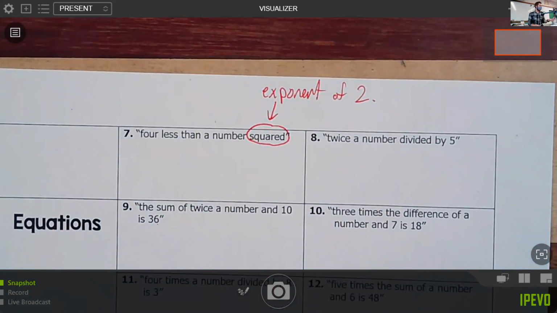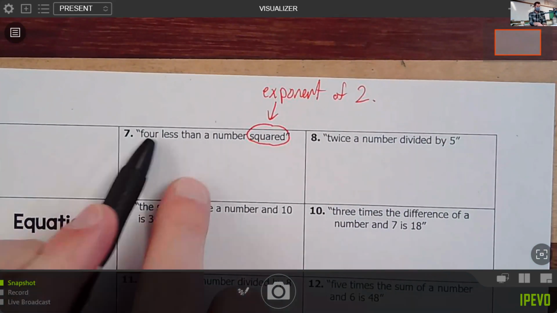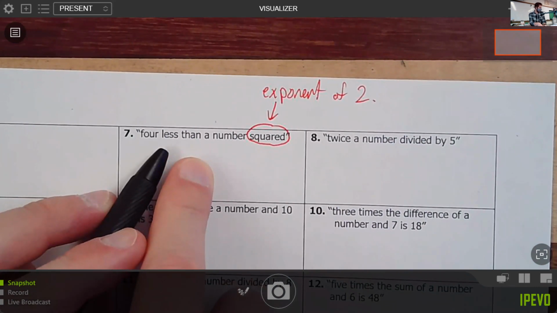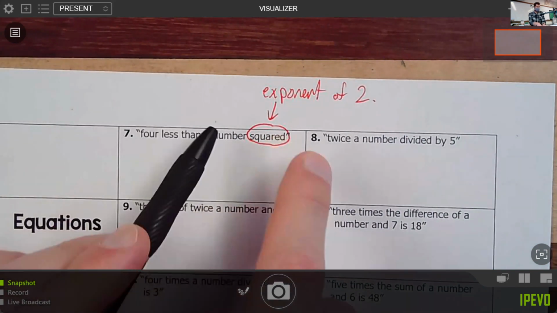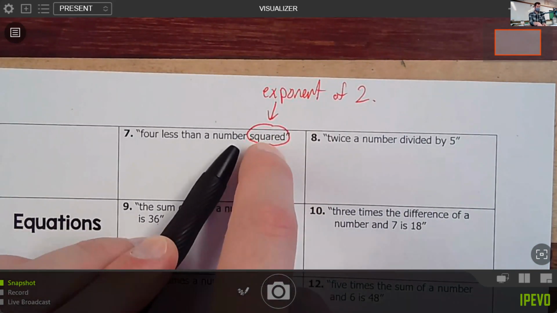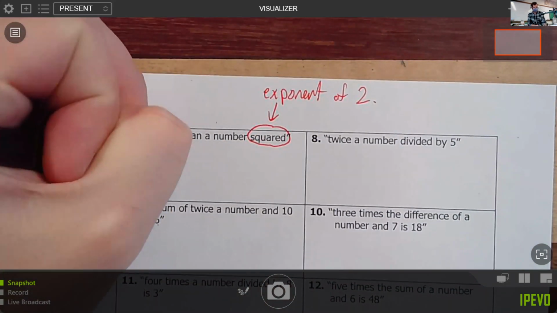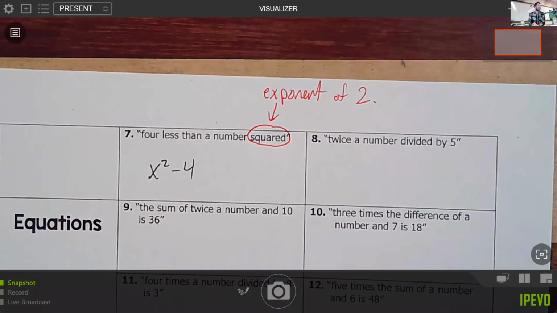So squared means an exponent of 2. That wasn't in our word bank, so I just want to point that out. When we see less than, is that one of our turnaround subtraction phrases? Yeah. So that means that the number squared happens first, and then it's going to be minus 4. So we can say x squared minus 4. So 4 less than a number squared.